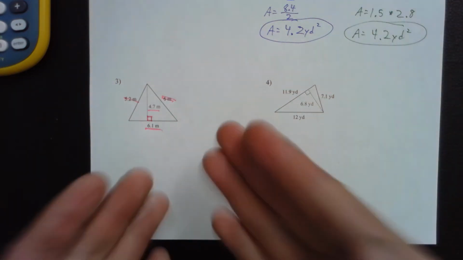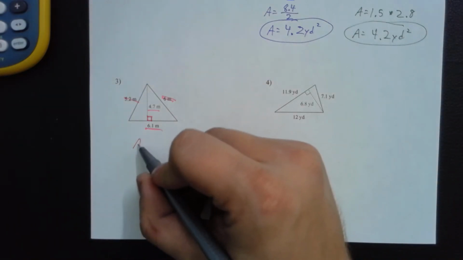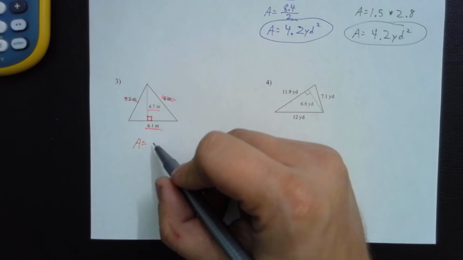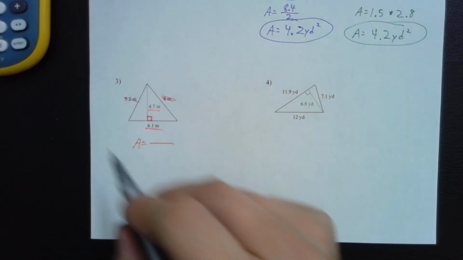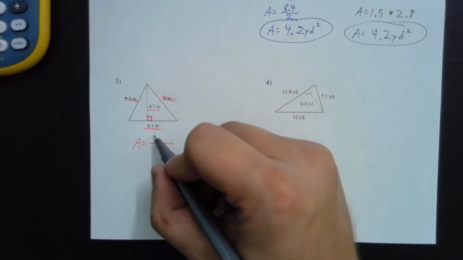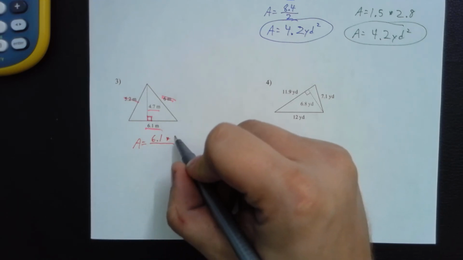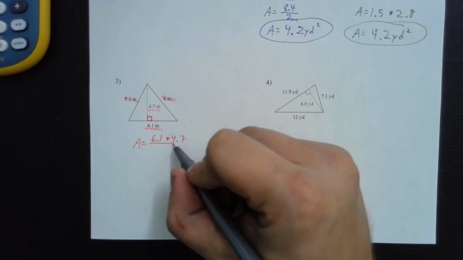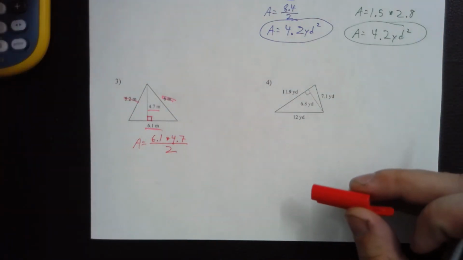From here, we just go ahead and write down our formula. It's a good idea to write down what you are going to type into your calculator so that way you can check your work later and see if you typed in the wrong thing. So we have 6.1 for the base times 4.7 for the height divided by 2. Now I can go ahead and switch to the calculator.